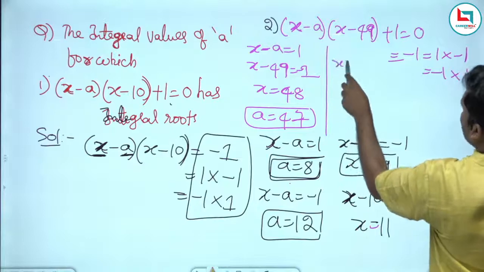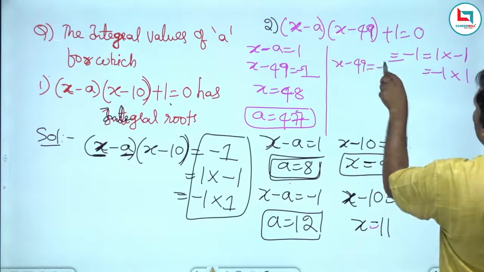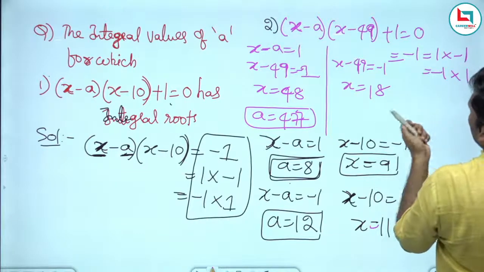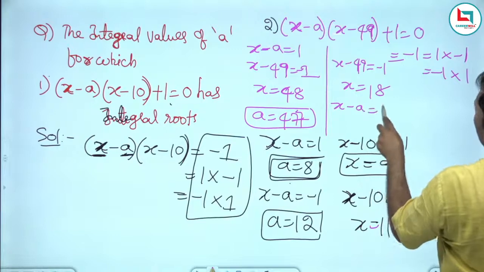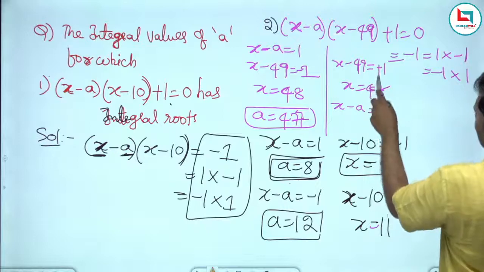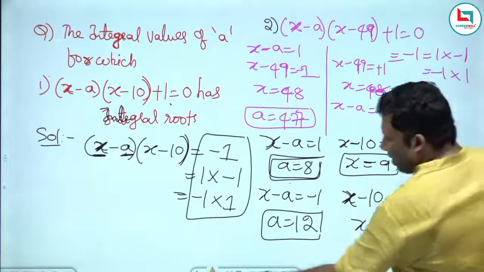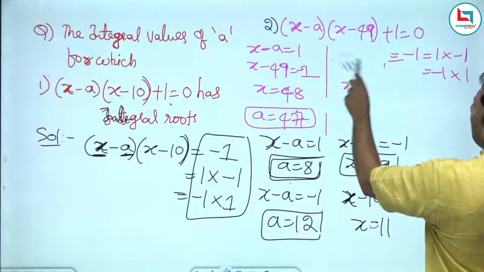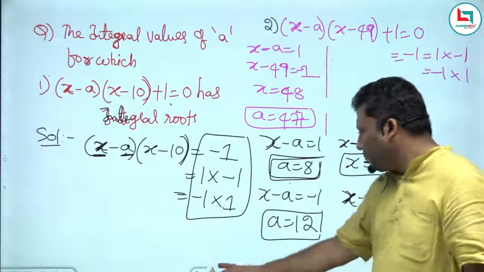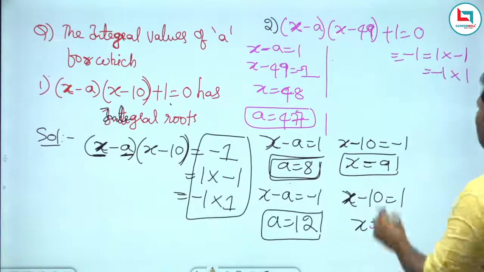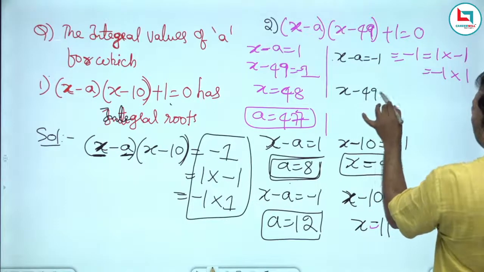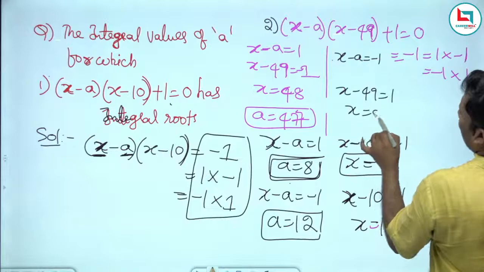Next case, if x minus 49 is 1, x is 50. First we took x minus A as 1, now x minus A should be taken as minus 1. x minus 49 will become 1, so x will become 50.